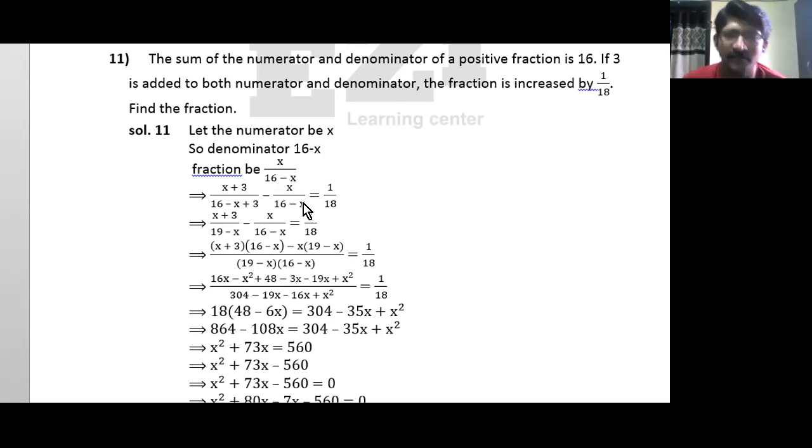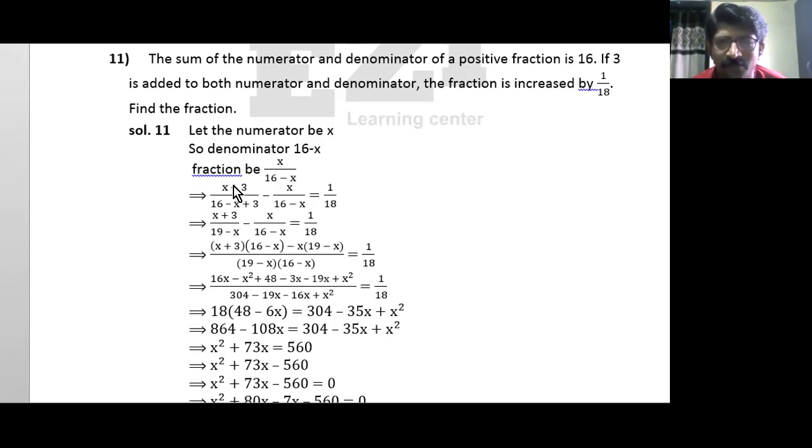Some people are asking, sir, we did not understand the first part. Okay, no problem. The fraction was x upon 16 minus x, because that was the numerator and that was the denominator. If we add 3 to both numerator and denominator, it becomes x plus 3 upon 19 minus x. Now this is what is mentioned: the fraction is increased by 1 upon 18.